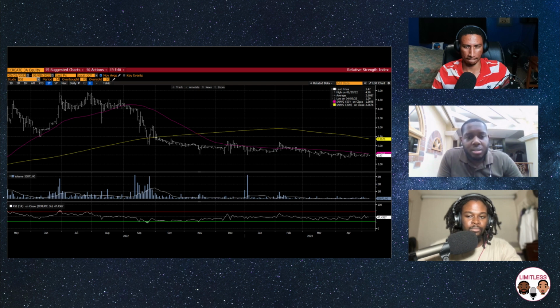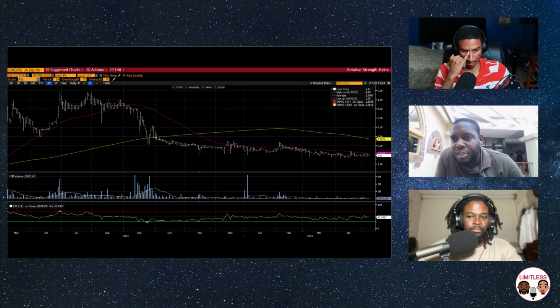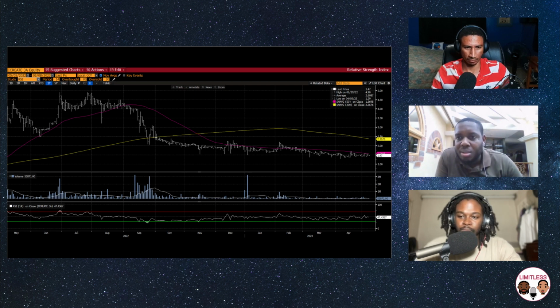We see it hitting the overbought territory right around where it breached the $4.50 range. The high for the period was $4.90, and the average price was $2.61. So we see that the high is quite a sizable distance from the average price.